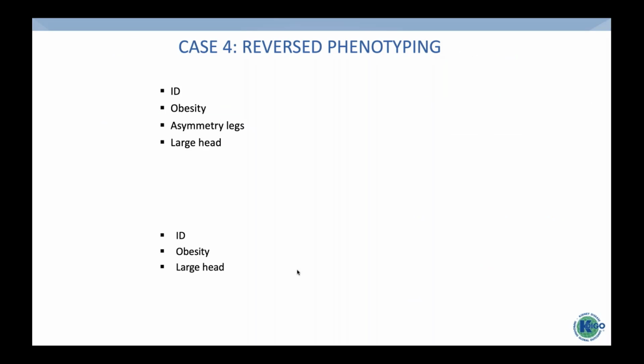An example of reversed phenotyping is this second case. We had 2 patients, a brother and a sister, who had intellectual disability. They were both obese and had large heads. We didn't know what they had, so we did whole exome sequencing in these patients.